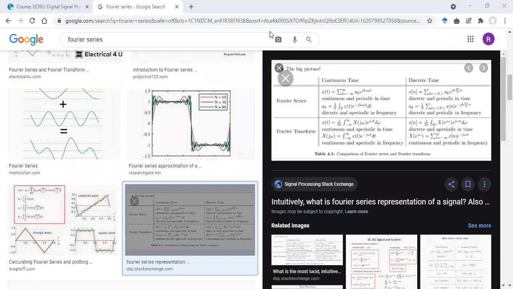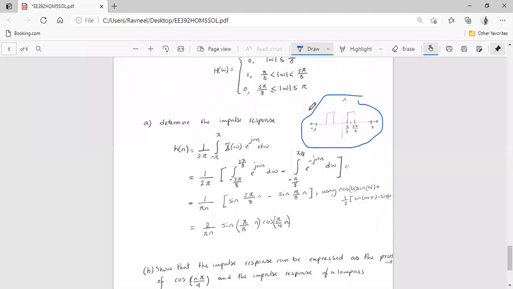We need to identify h of n in this particular case. So let me go back to the screen where I was. Here we are. We are not sure about the periodicity, but we assume that it's periodic and continuous. So using that particular form, we can find the impulse response, that is the time domain response. The time domain response is given by h of n equal to 1 upon 2 pi. Since it is between negative pi and pi, we use the limits negative pi till pi.